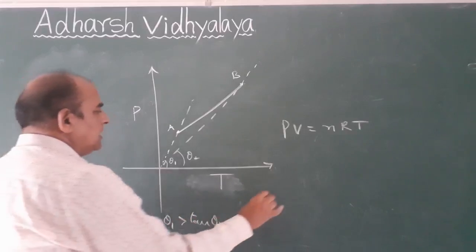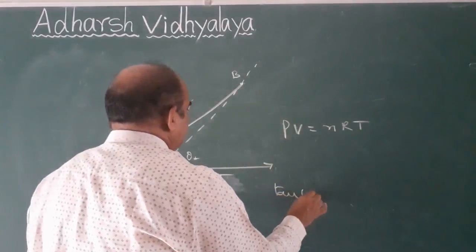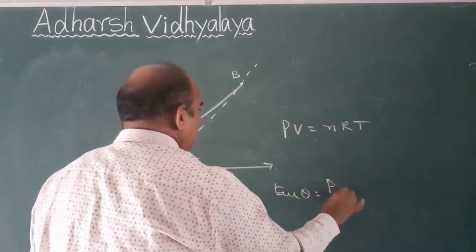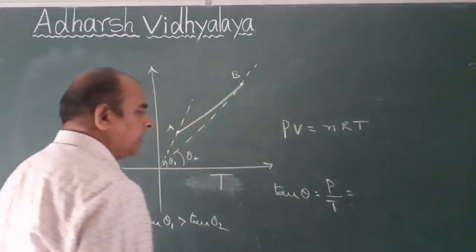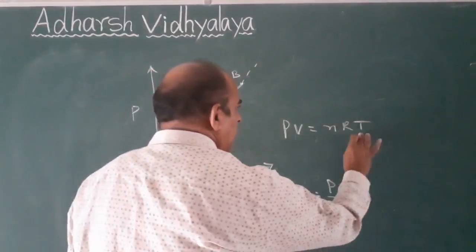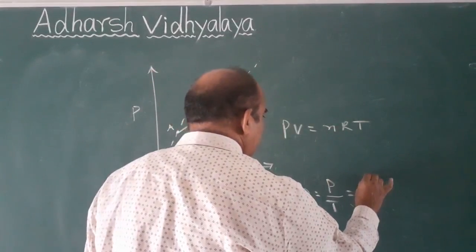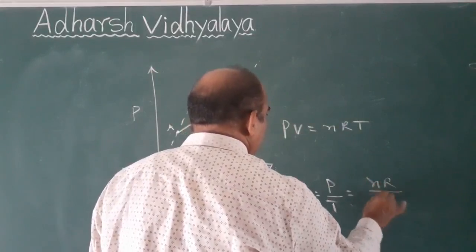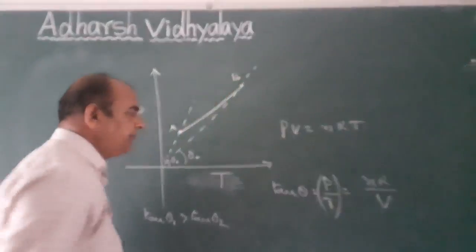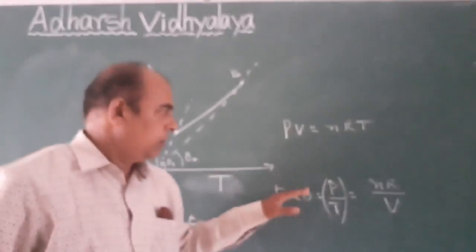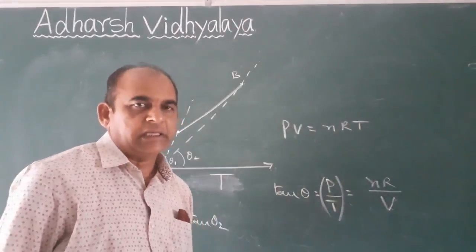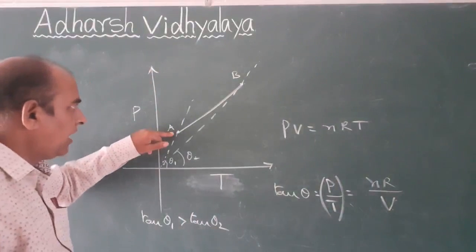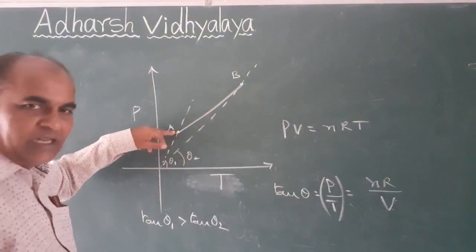So slope means tan theta is equal to P by T. P by T is inversely proportional to volume, nR by V. Slope is more, volume is less. So slope is more at A, so volume is less at A.